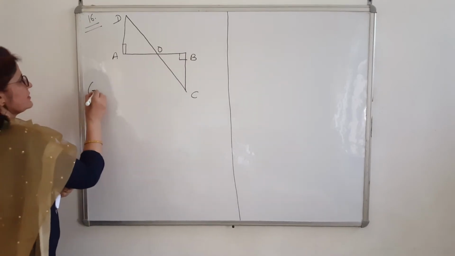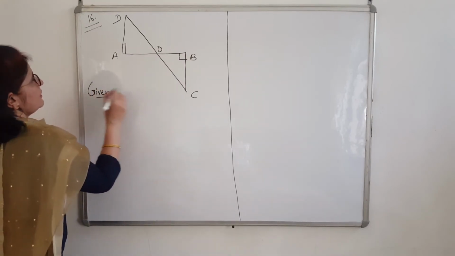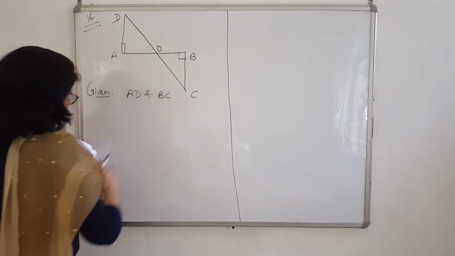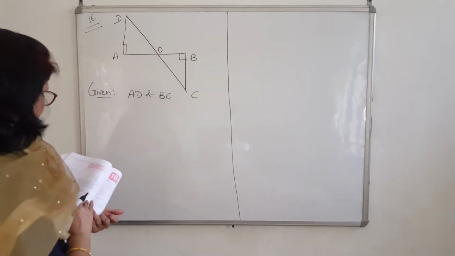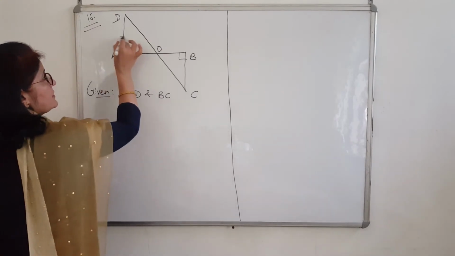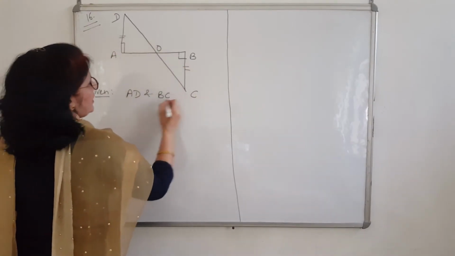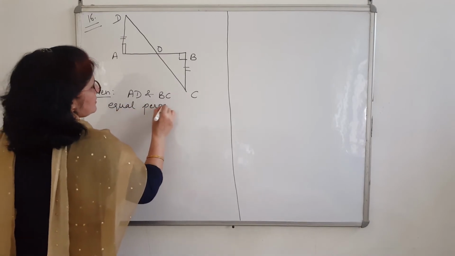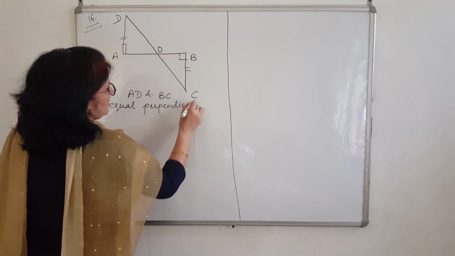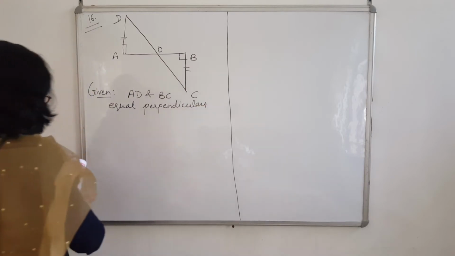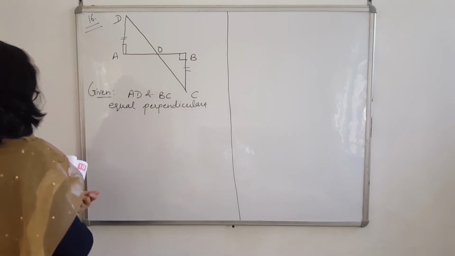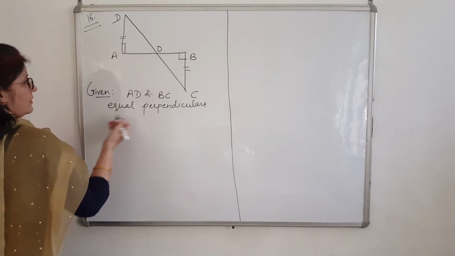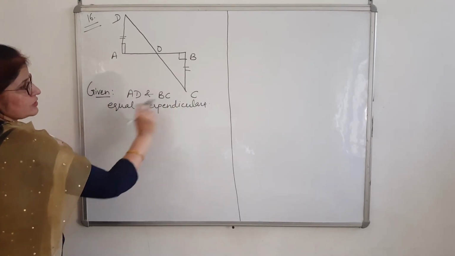Now what is given in this question? AD and BC are equal perpendiculars, means they both are equal also. Perpendicular also.